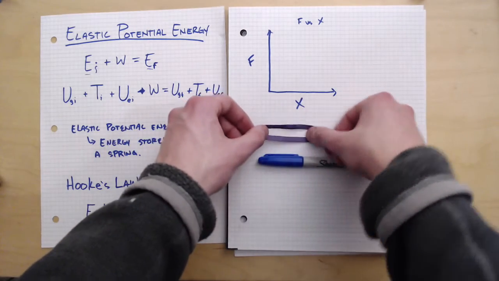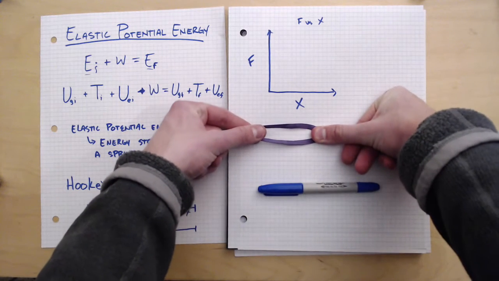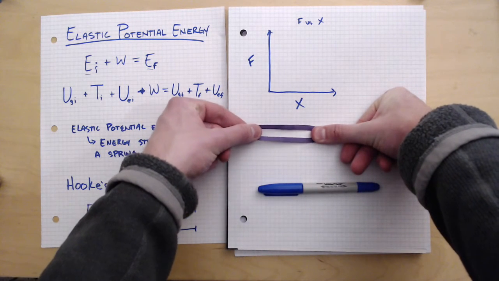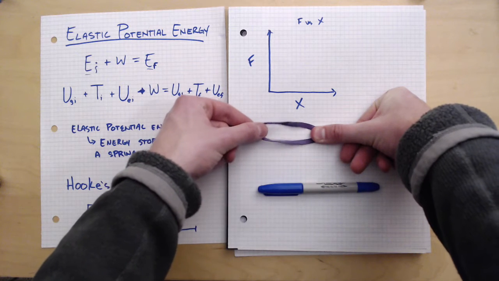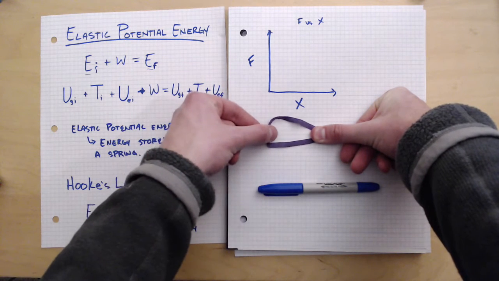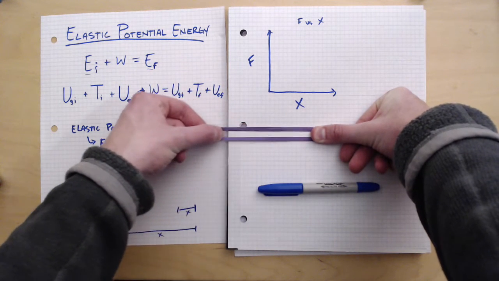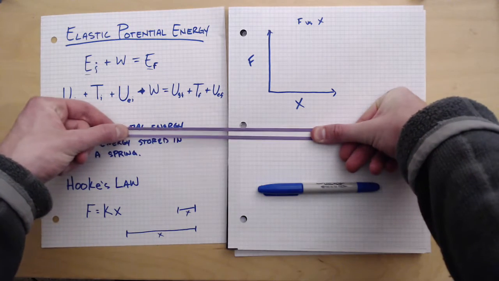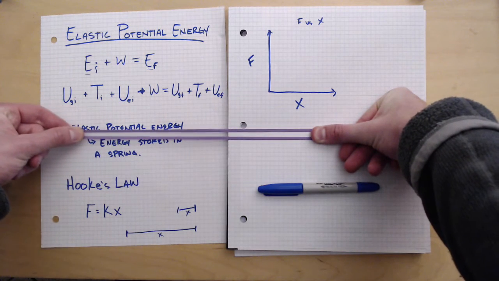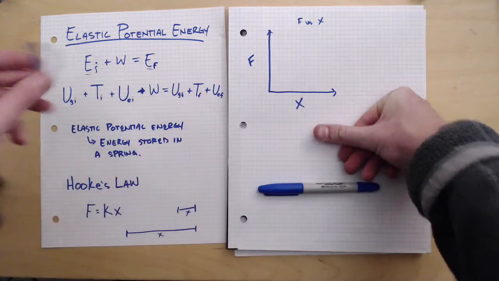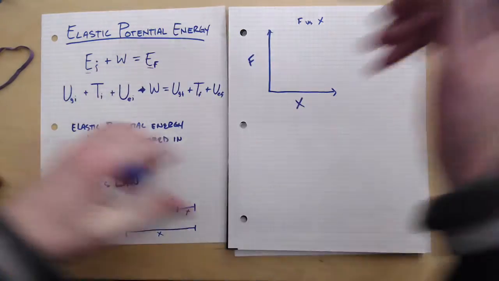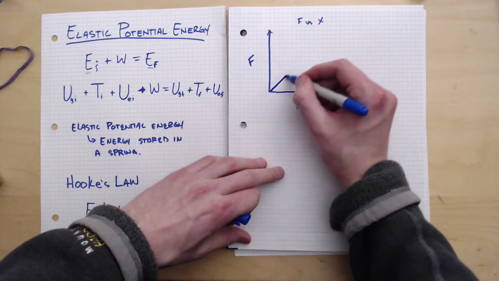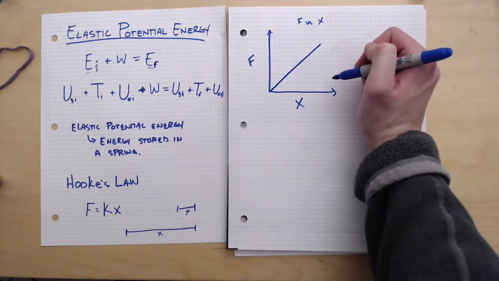So in this case, I'm going to pin it here, and I'm going to stretch it. And as the distance increases, the force required to stretch it also increases. And it turns out that according to Hooke's law, this is in a linear fashion.